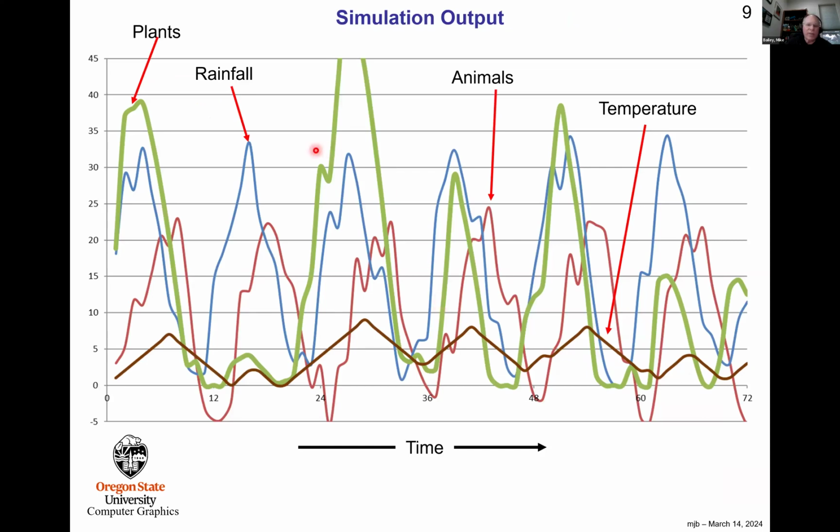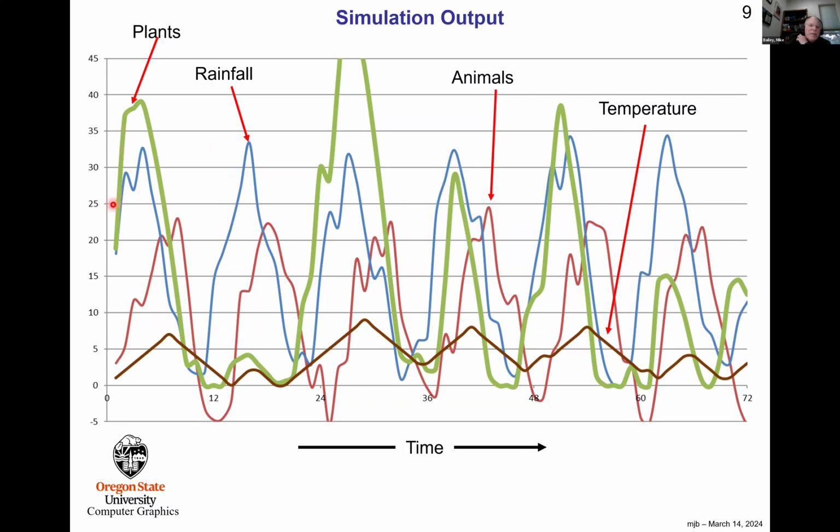So when I was playing with this, here's what I got. Time goes like this. And I had environmental variables, rainfall in blue, temperature in this dark red. Plants were green, animals were this red. And you can see some of the patterns here.